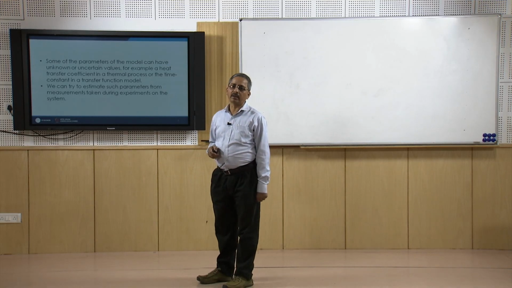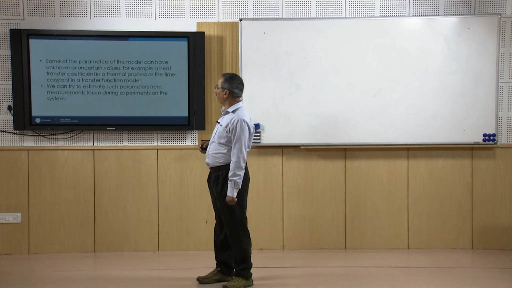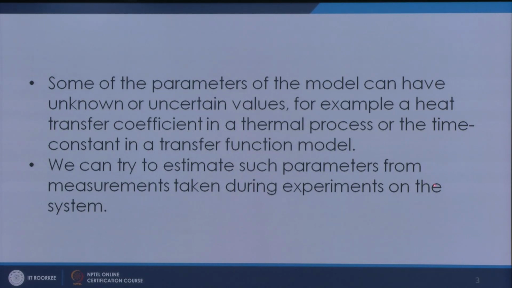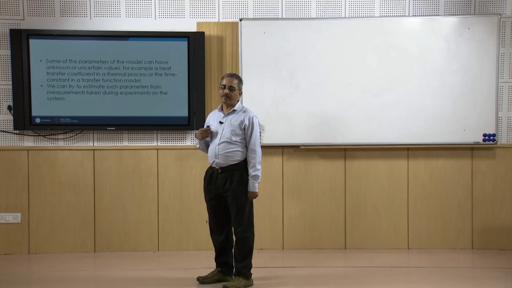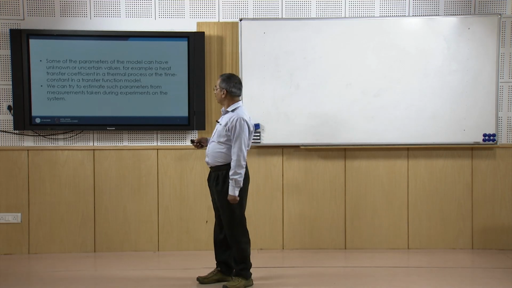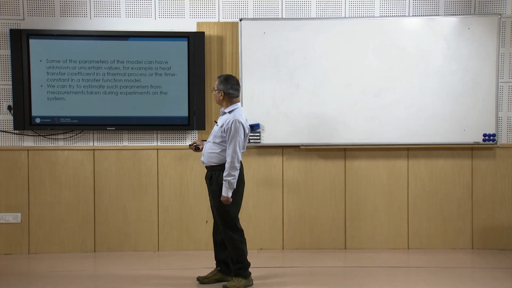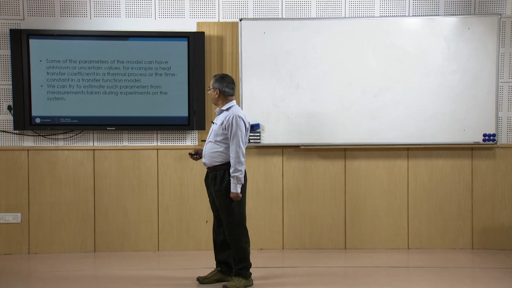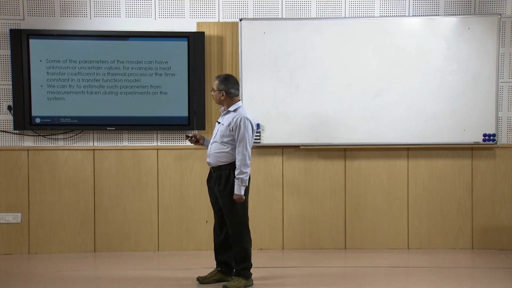We can try to estimate such parameters from measurements taken during experiments on the system, because estimation of these parameters is important. Unless you have those parameters available, you cannot go for the simulation.